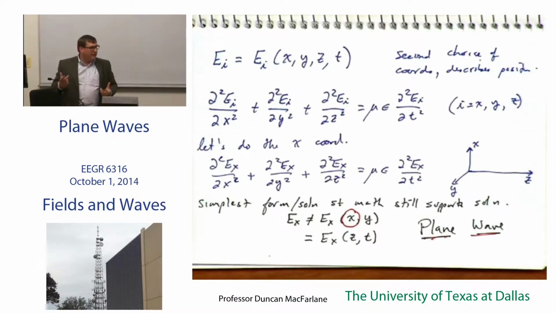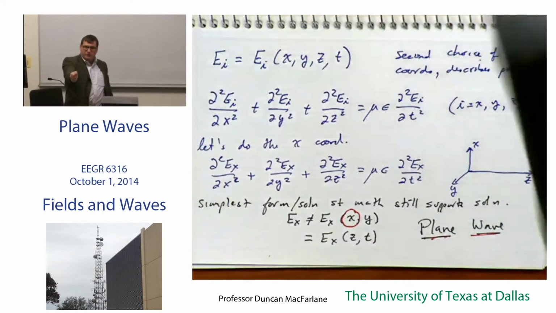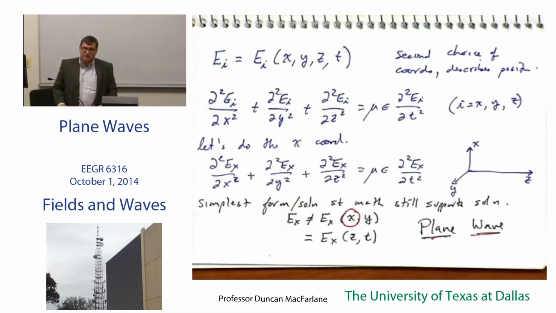Because Maxwell's equations are linear time invariant, I can find all these solutions, and I can put them together in weighted averages, in weighted superpositions. And so I've got two components for the electric field in the x direction, two components in the y direction, and two components in the z direction.